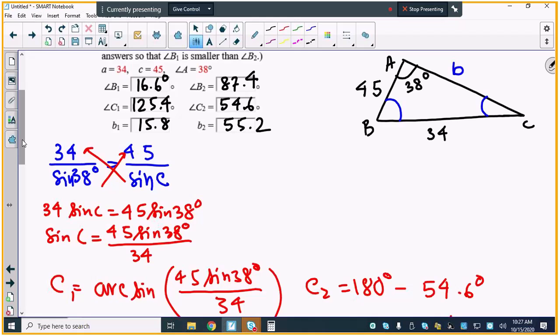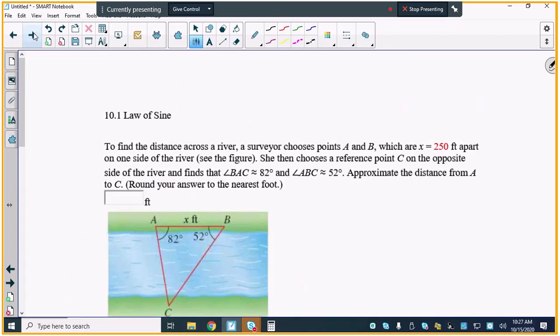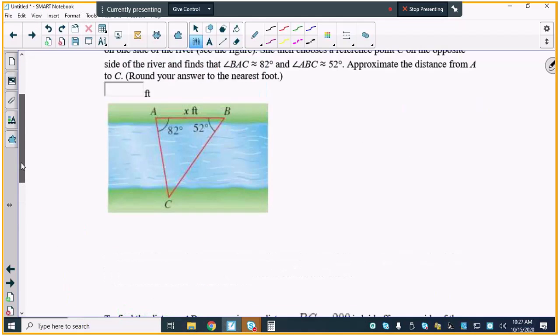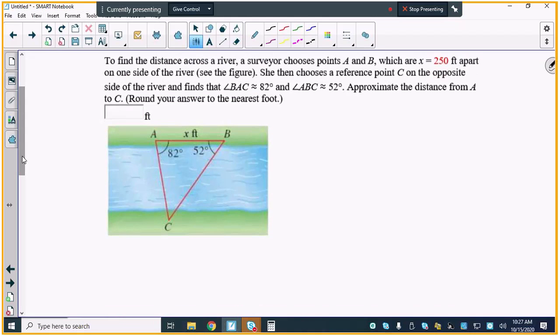So this is the general strategy for every problem that we would like to solve in this set. So we are seeing some word problem, and this one is to find the distance across a river. A surveyor chooses points A and B as shown in the picture, where the points are 250 feet apart on one side of the river.